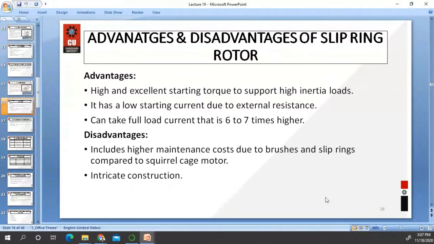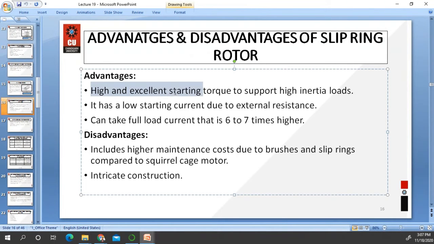So what are the advantages and disadvantages of this slip ring rotor? The first advantage is high, excellent starting torque to support high inertia loads. It has low starting current due to the external resistance.